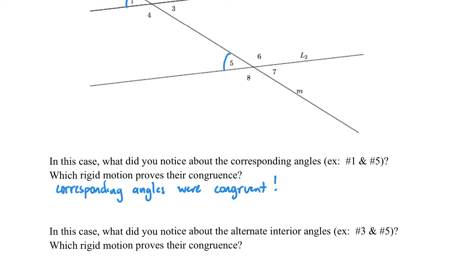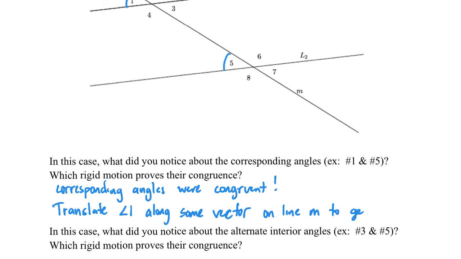I know that because I could translate angle 1 along some vector. We don't have to have the exact vector. These descriptions are a little bit vague. Along some vector on line M to get angle 5. I'll draw the vector. You don't have to draw the vector, but it would look something like this. This is what the vector would look like. Boom. So angle 1 would be translated down the vector to angle 5.